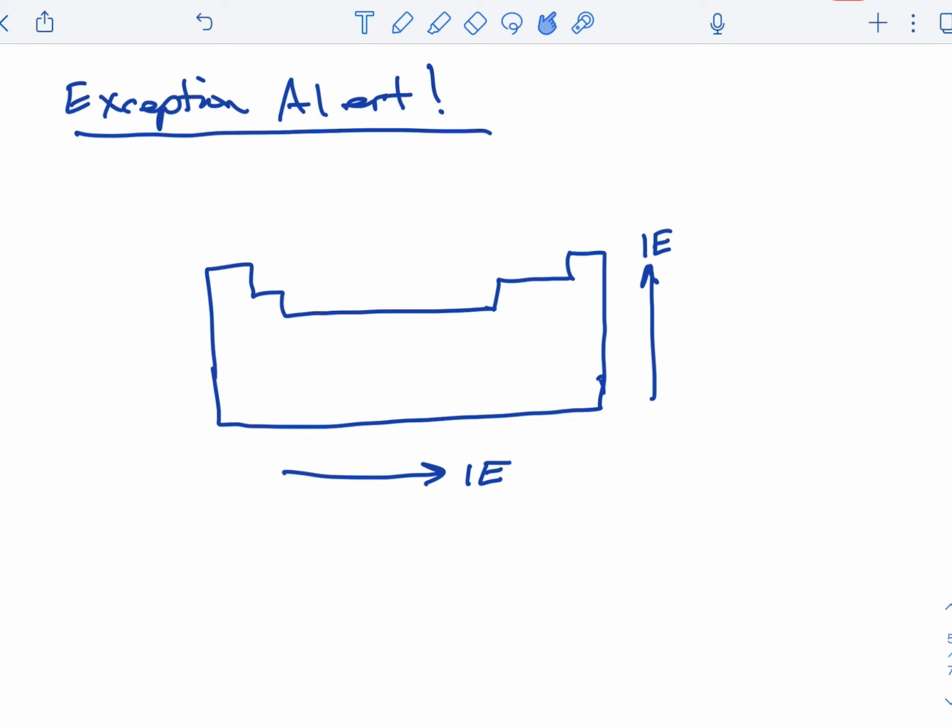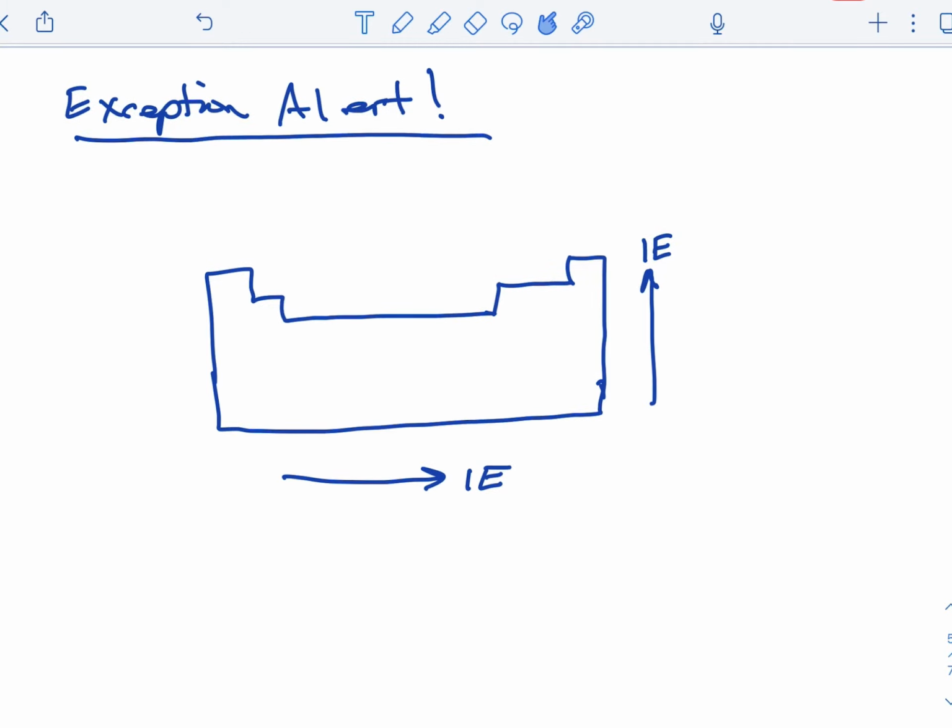As you go left to right on the periodic table, the ionization energy increases, all right? And the reason for that is because we have an increasing nuclear charge, and you can think of that as either just the nuclear charge or the effective nuclear charge increasing left to right.